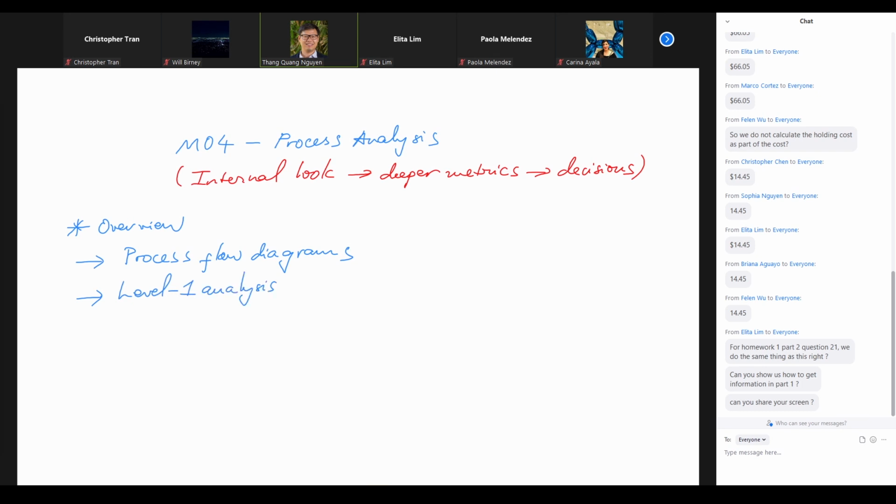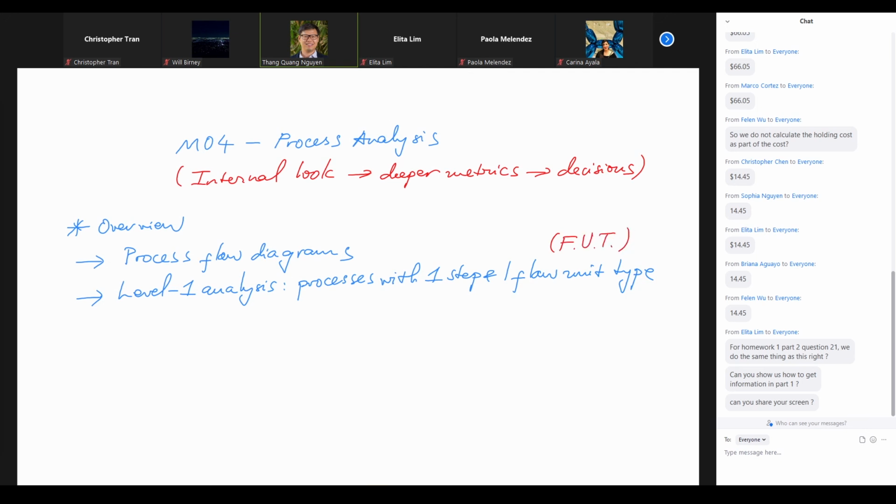In level 1 analysis, we are looking at processes with one step and only one flow unit type. Later on, I will use an acronym to make it shorter, okay?